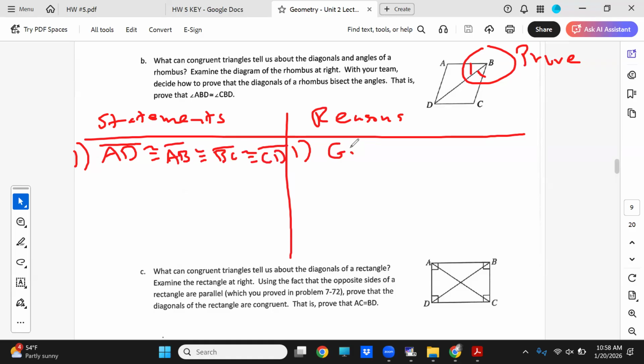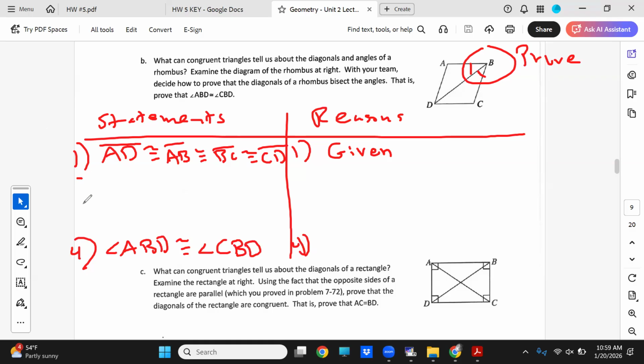We'll say that's given. And what you want to prove, you might be able to do in 3 or 4 steps, is that angle ABD is congruent to angle CBD. Actually, it's a 4-step proof.